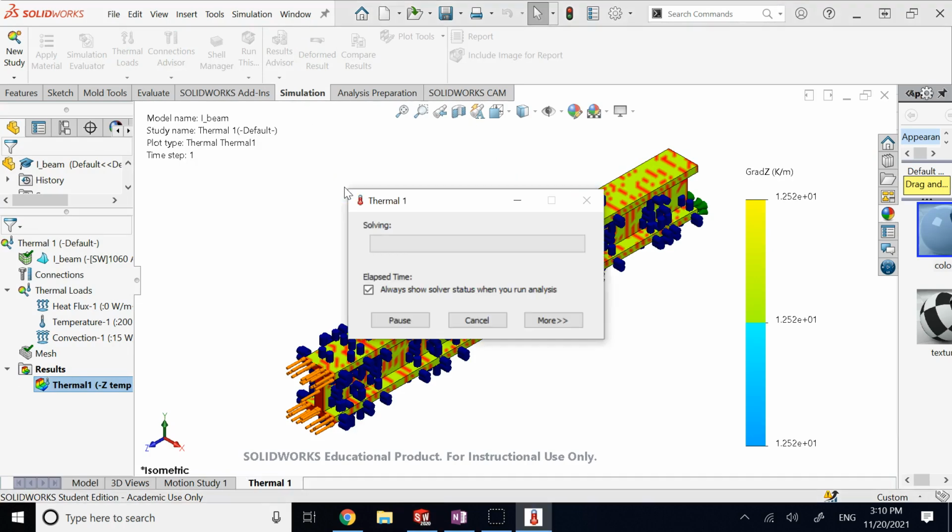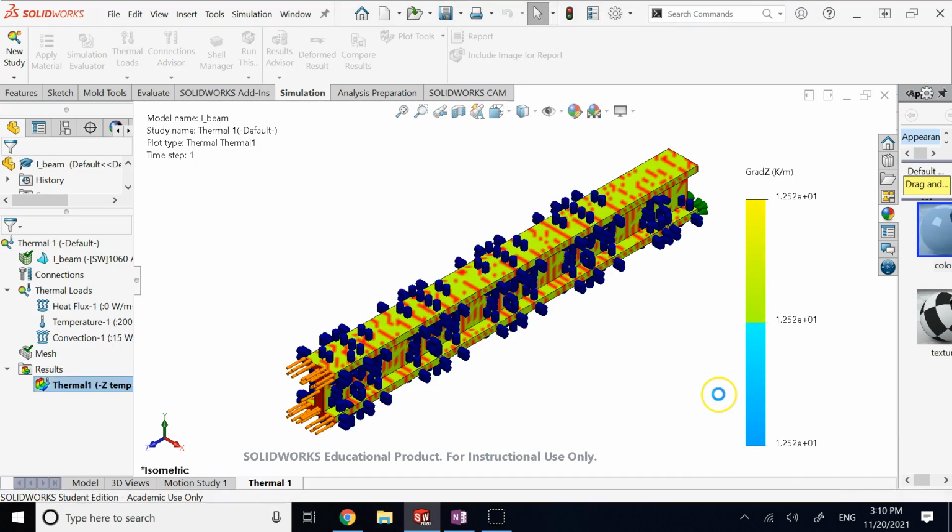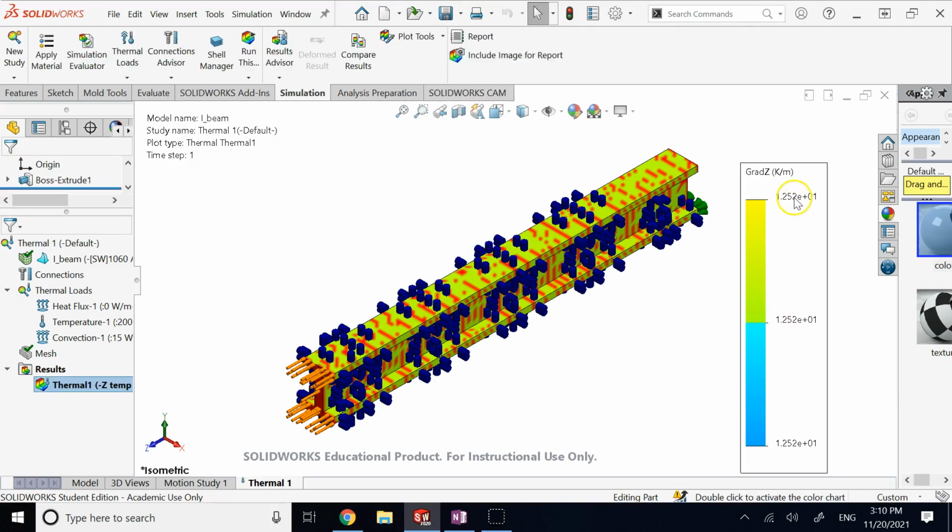And again, although it is showing three different colors, it's not really. If you look at the max and mean on the legend, they are the same number. So also the temperature gradient in this direction, dT over dx, is the same. But now we can do a lot of other things.